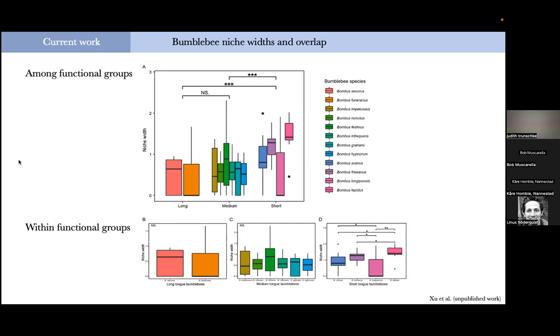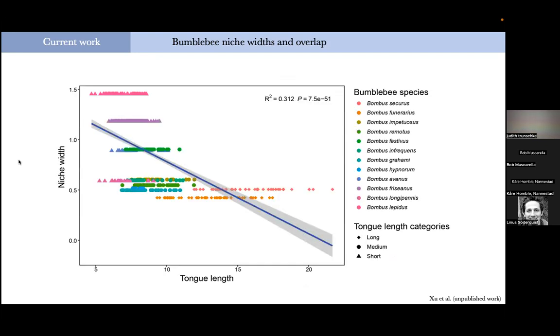And the second thing is when we analyze the same within functional groups, we can also see that within the short-tongued bees, there's actually a lot of difference. So these seem to spread out a little bit more, and some are more generalized and some are more specialized. As a general pattern, when we take tongue lengths as a continuous variable, we can show that the niche width decreases with increasing tongue length.